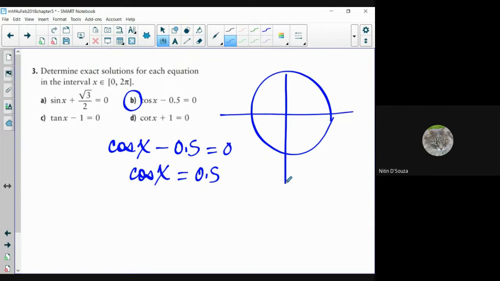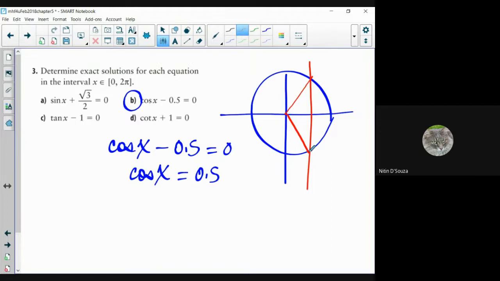So if you look at cosine, there are 2 points where it's 0.5. This one, this one. Because on this side, cosine will be -0.5. This is the only side where it's +0.5.